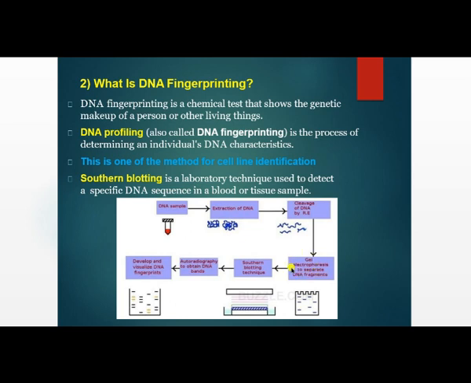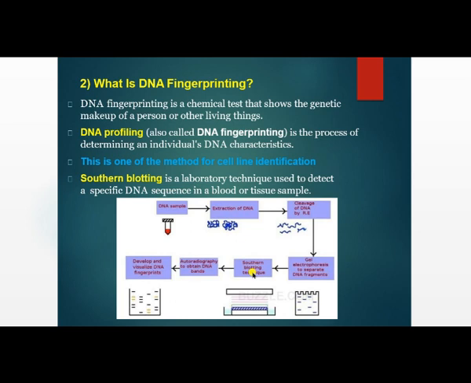Next to this gel electrophoresis, the next step is the Southern blotting technique. Southern blotting is specific for DNA. You can use the blotting technique for protein also, but that is another technique, Western blotting, which we use for protein separation. But here, in the case of DNA, we are using the Southern blotting technique.